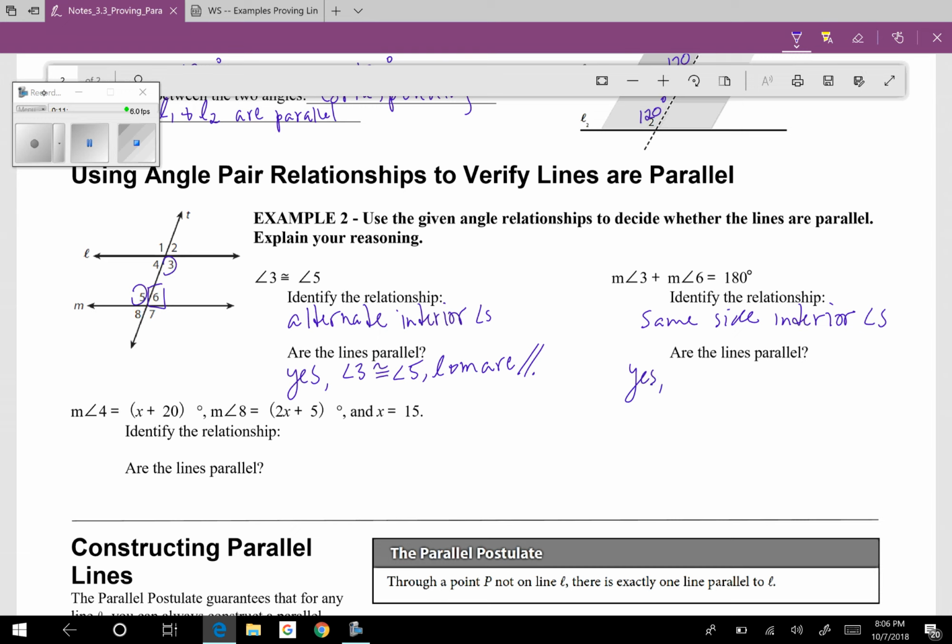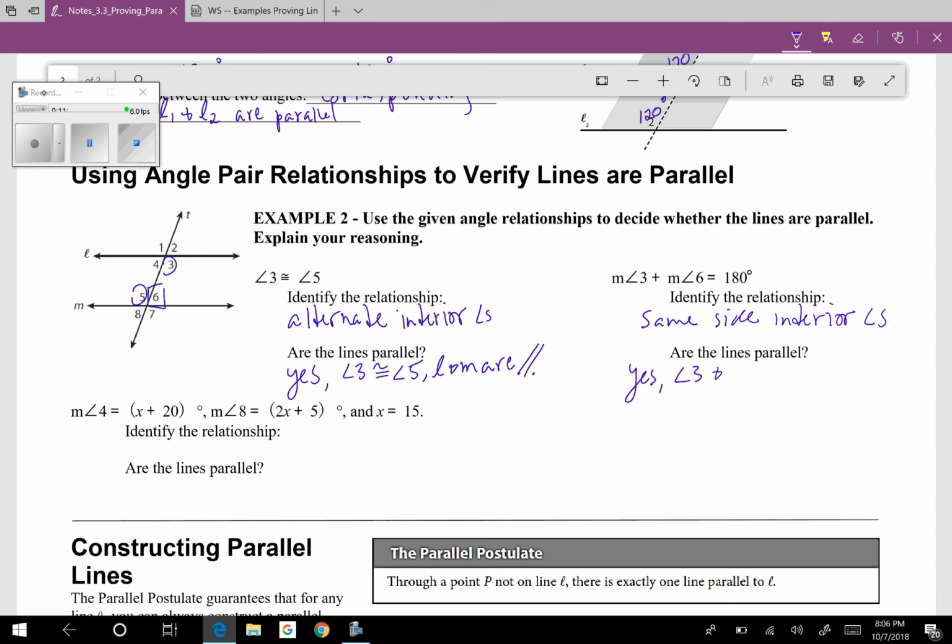Yes. Angle 3 and angle 6 are supplementary. So L and M are parallel. Okay, next one.